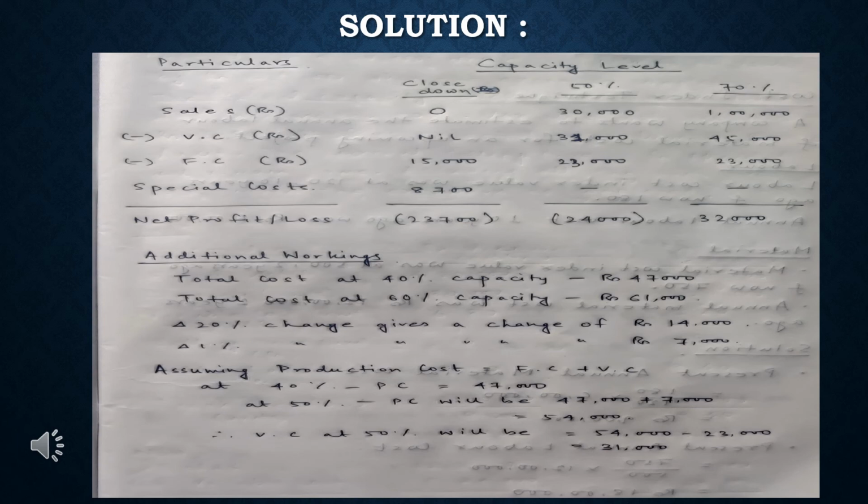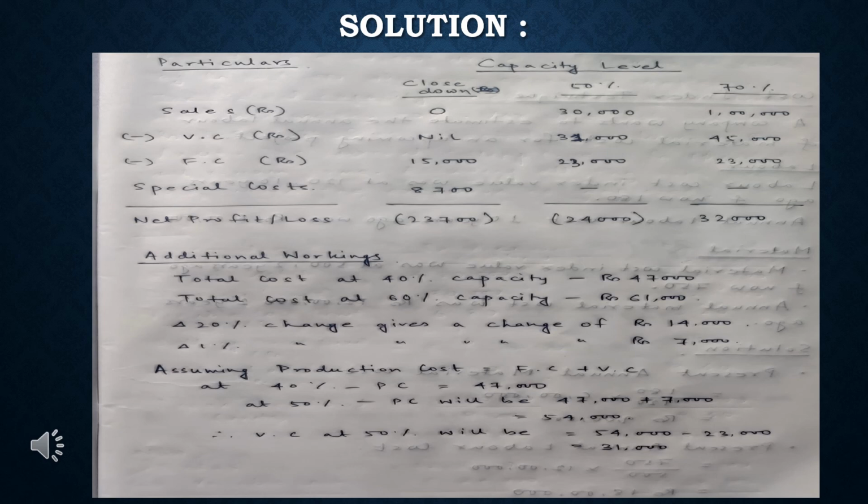Moving on to the 50% and 70% calculation, we need to do a bit of working first. What working? From the previous figures we know that at 40% the total production cost is 47,000, and the total cost at 60% is 61,000.